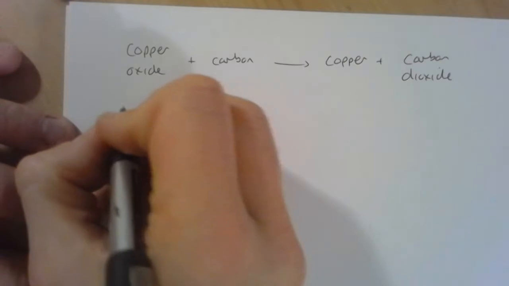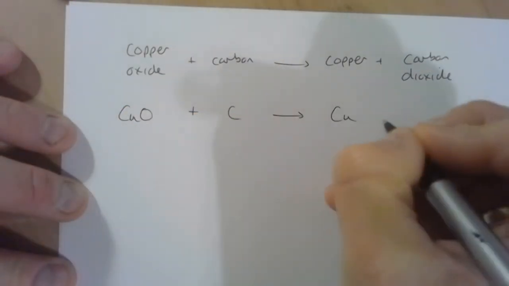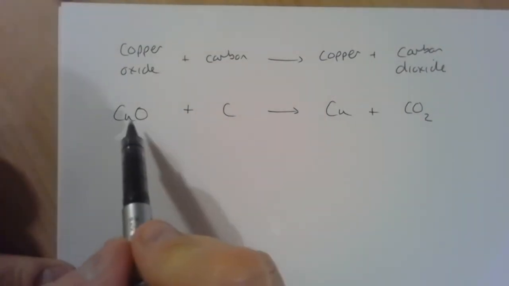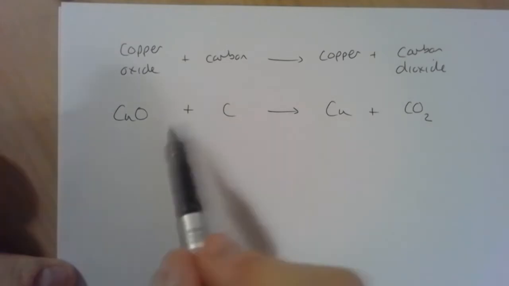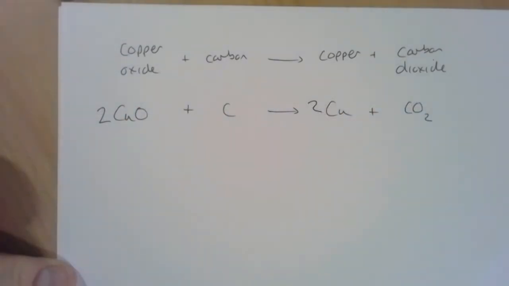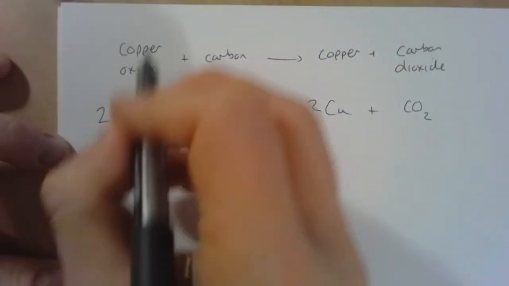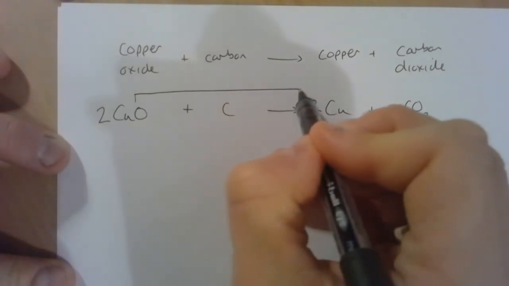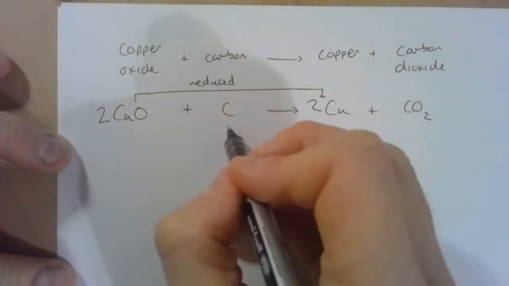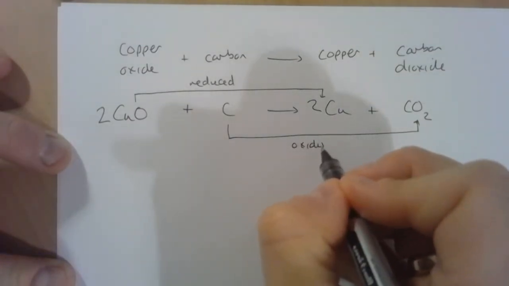If I was going to write a simple equation for that, CuO plus carbon goes to make copper and carbon dioxide. So the formula for copper oxide is CuO. Obviously, this equation would need balancing, so I'd need to put a 2 in front of there and a 2 in front of there to balance it. Again, we can say that the copper has been reduced because it's lost oxygen, or it's also gained electrons, and carbon has been oxidized.